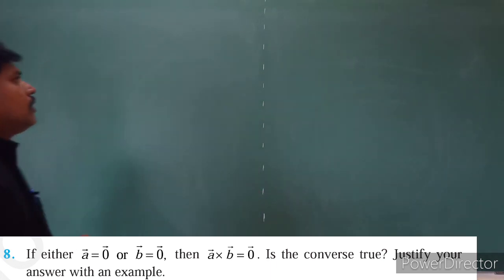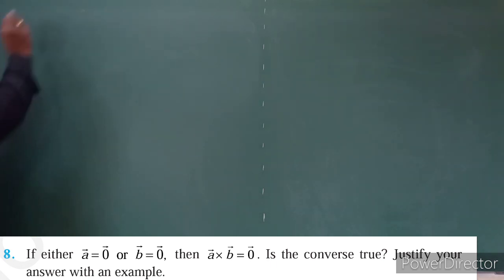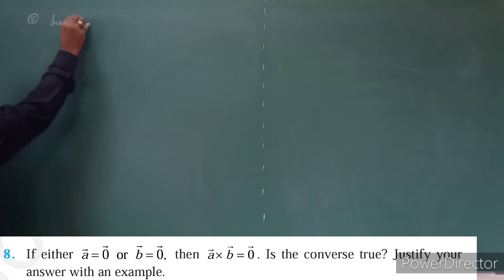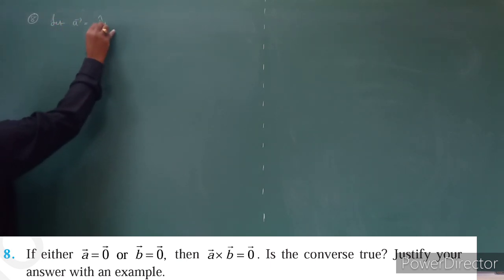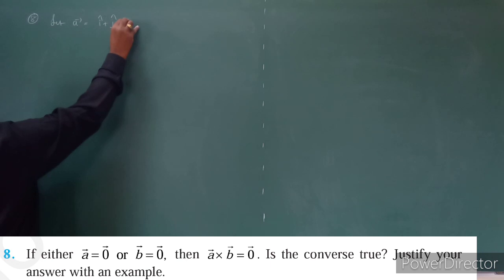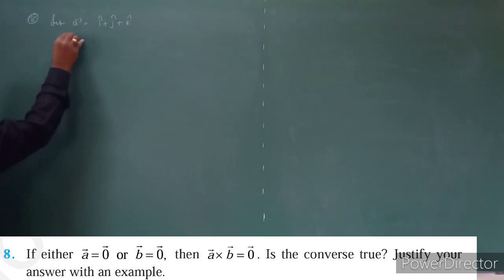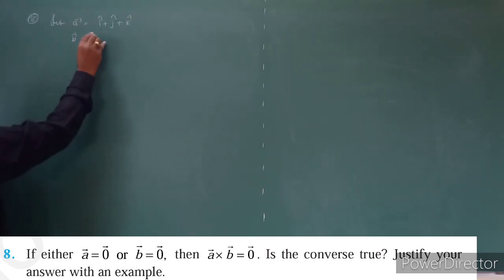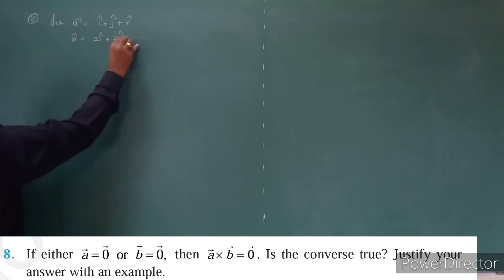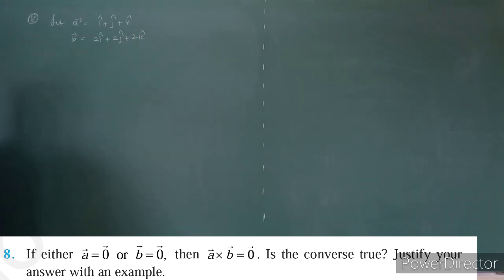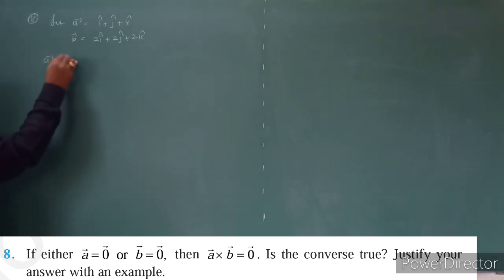So I will take two vectors. Let A bar be equal to I plus J plus K, and I am taking B bar as 2I plus 2J plus 2K. Clearly A is a non-zero vector and B is also a non-zero vector, but I will calculate A bar cross B bar. What happens?